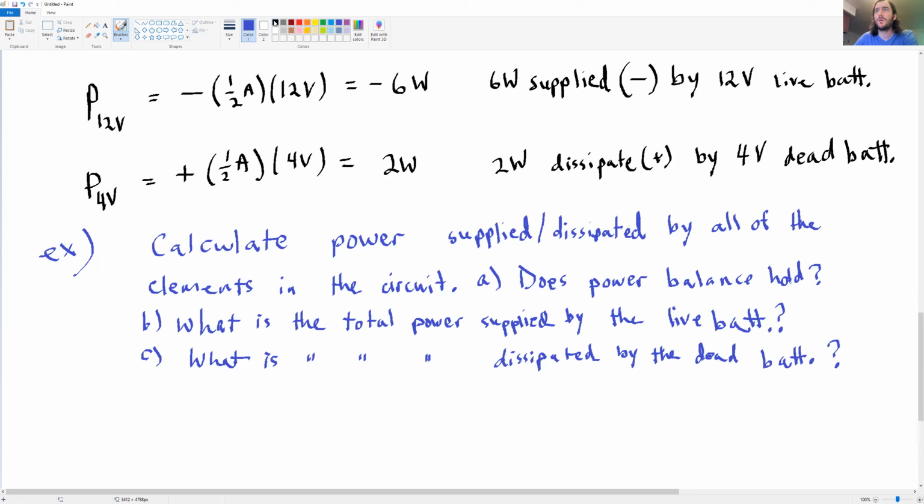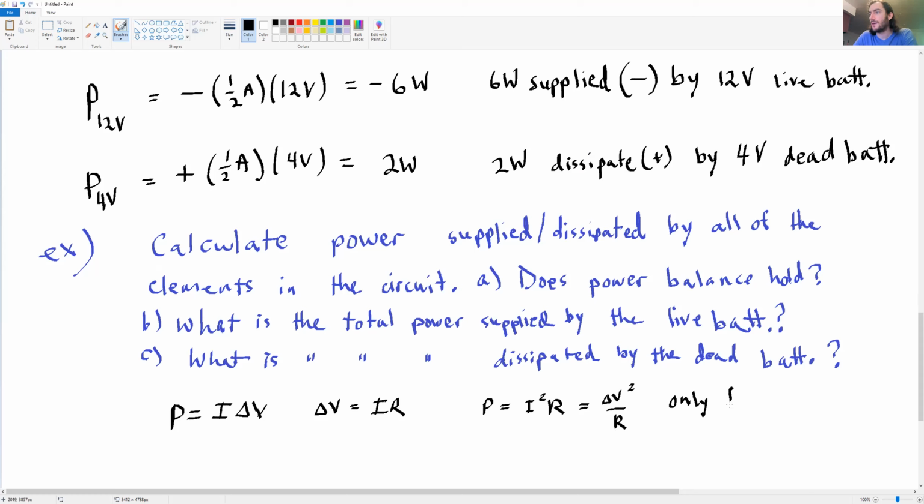Now, quick little reminder: if you combine the fact that power is I times delta V with the fact that delta V equals I times R for a resistor, then you can rewrite the expression for the power dissipated by a resistor as I squared times R, or delta V squared divided by R. So only for a resistor.